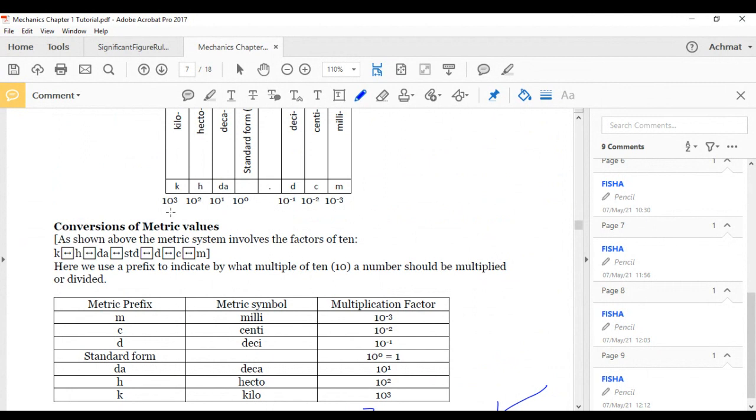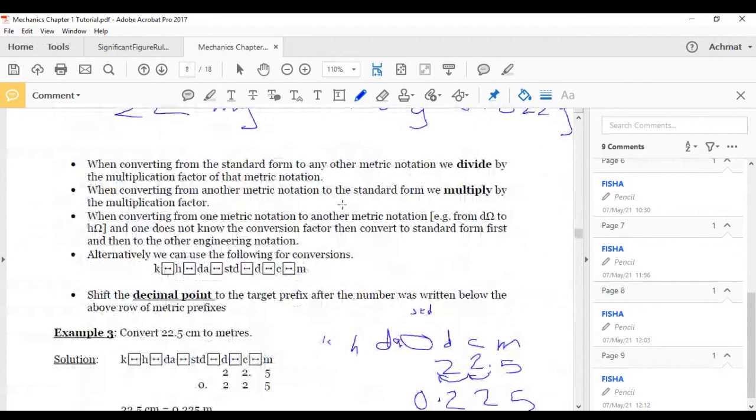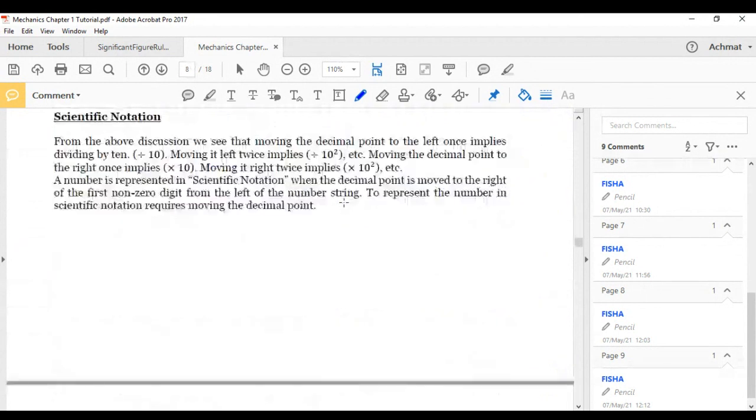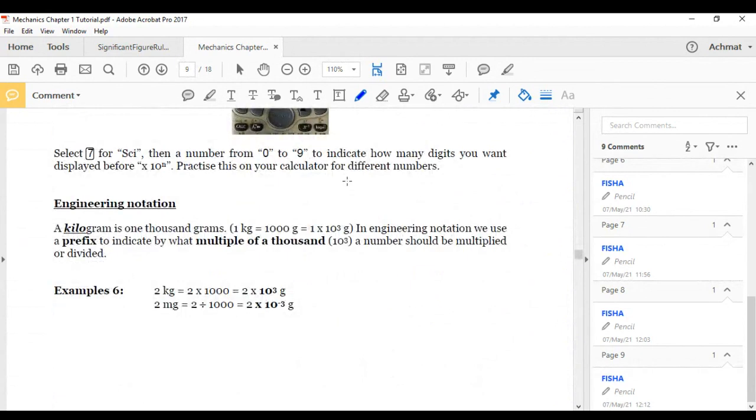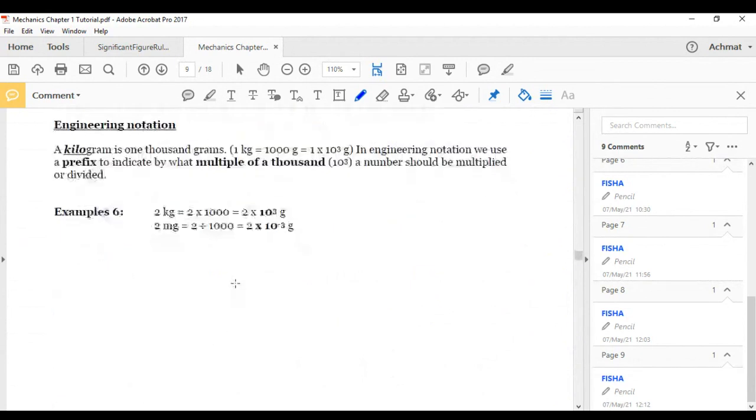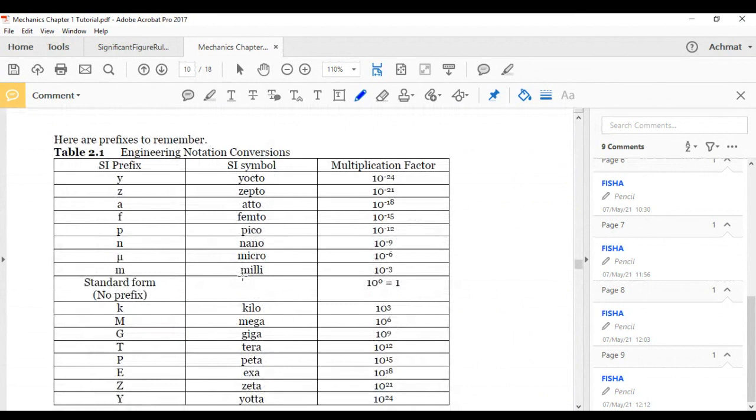So in engineering notation, we have these prefixes that we have here. It will always involve a factor of 1,000, not a factor of 10 as we have here. Okay, let's get there quickly. So there we have examples, I can show you in the table.